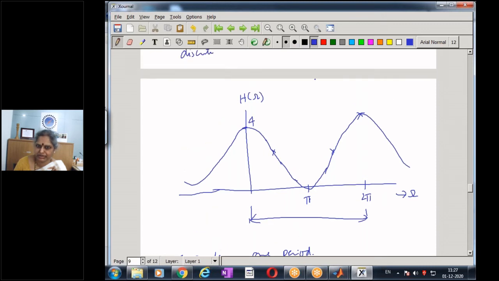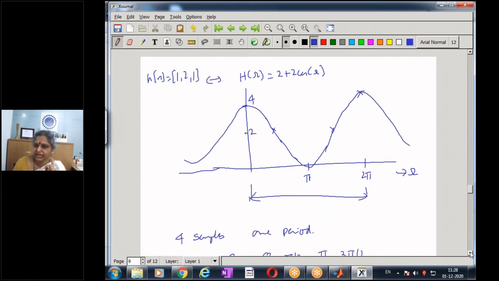Let's go back to our h of omega. We said h of omega is 2 plus 2 cos omega, for my input h of n being 1, 2, 1. At omega equal to pi by 2, cos pi by 2 is 0, so I get a value of 2.